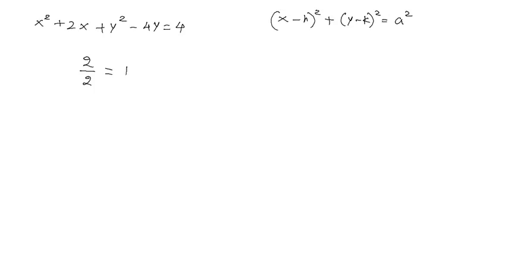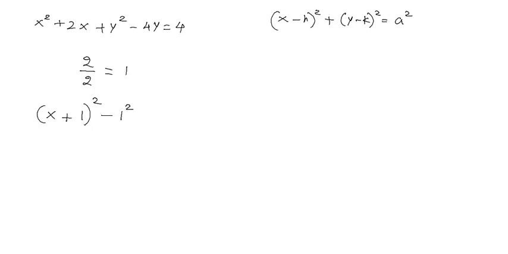So I write x, then I take the sign of 2x which is positive, and the value I get here, 1, whole square, and after having done this, always we have to take a negative sign, then this number with a square, so it's going to be 1².